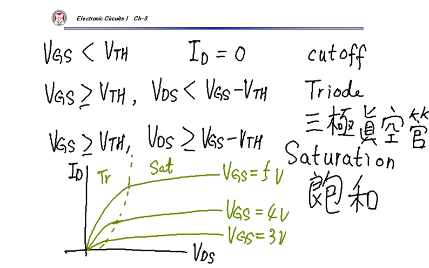This saturation means current is saturated, because current doesn't increase much. BJT saturation is where voltage is saturated to 0.2 volt. Okay. They have a very strange terminology.